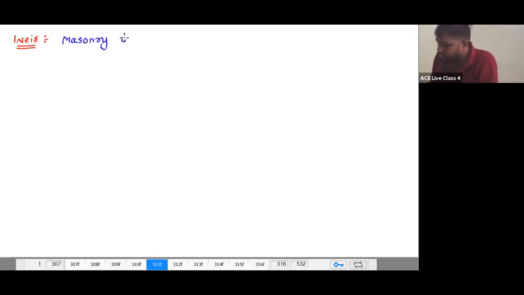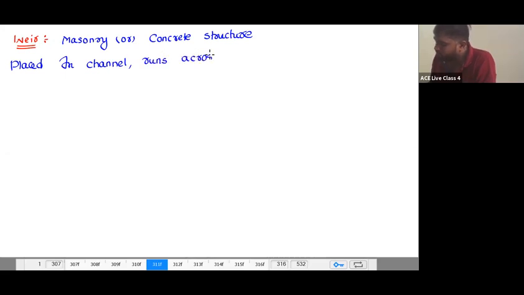It's a masonry or concrete structure placed in the channel that runs across the flow.